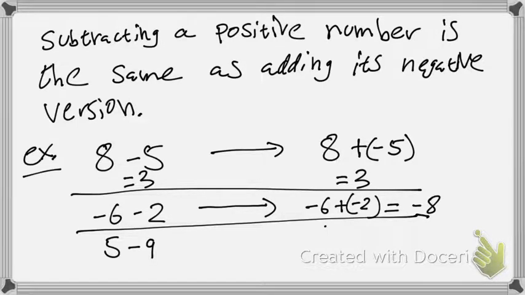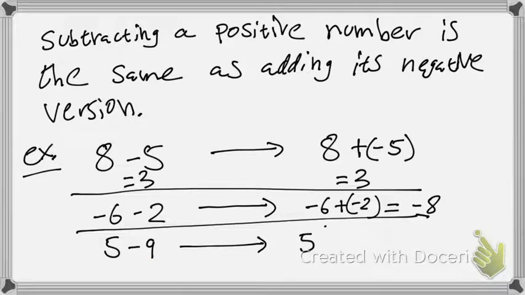Okay, what about 5 subtract 9? Again, we're going to rewrite it as an addition problem, right? Just like I said before, that first number, we keep it the same. So, let's see. This part here, subtracting 9, taking away 9 is the same as adding what?